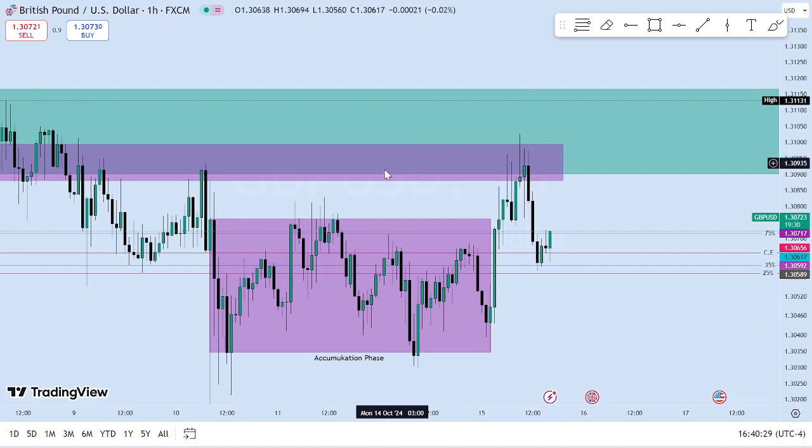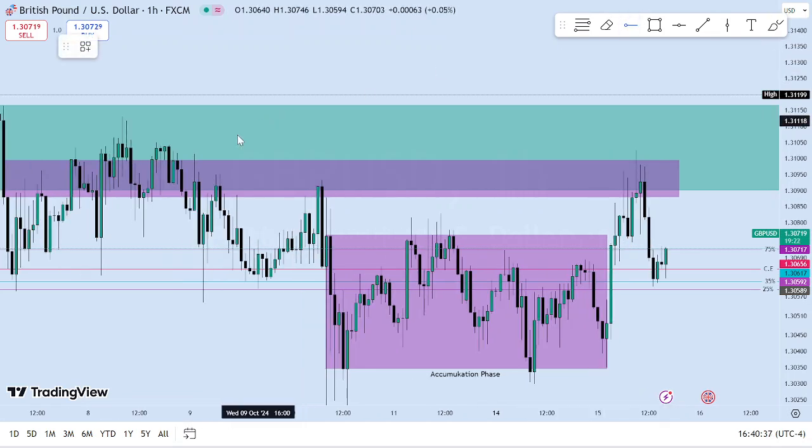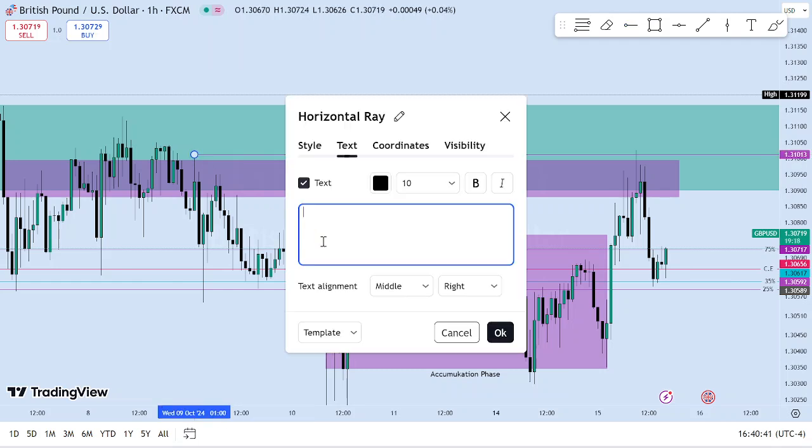Then a distribution, a manipulation that took out this high. That's a buy side liquidity.